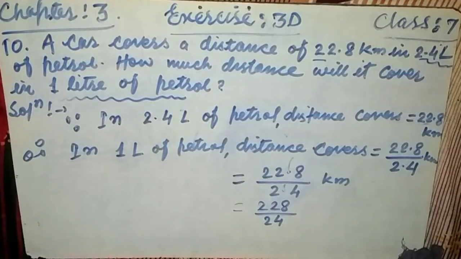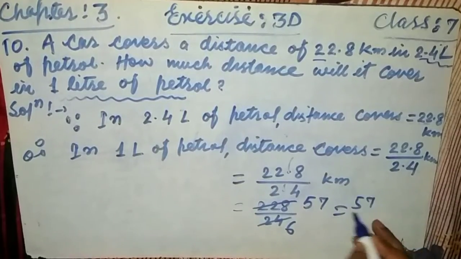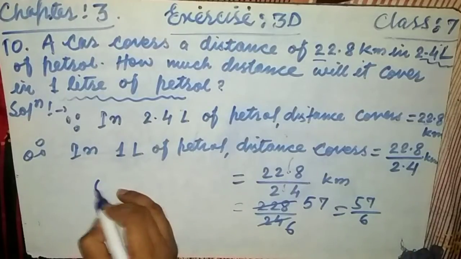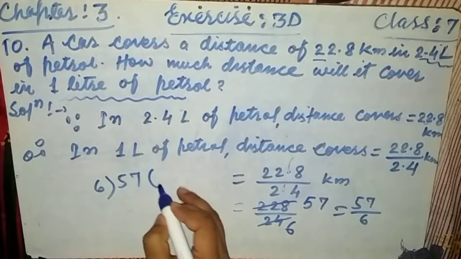Whatever the time, find. Now friends, this will get cancelled by 4. 4 sixes are 24, and 4 fives are 20, and 4 sevens, and 57 by 6. Now divide 57 by 6.